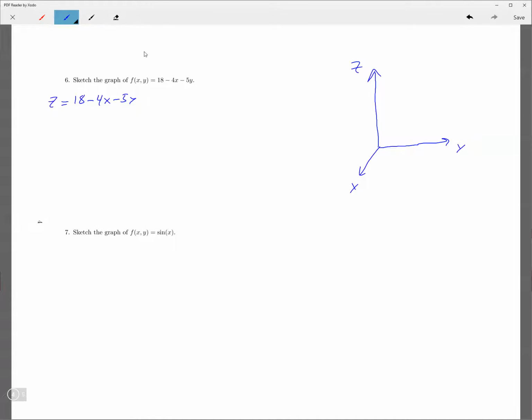Okay, so do this. If you bring these guys over to the left, and you get this. Okay, so now, just look at this equation here. What is this the equation of?